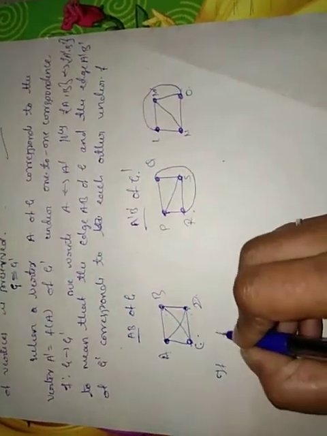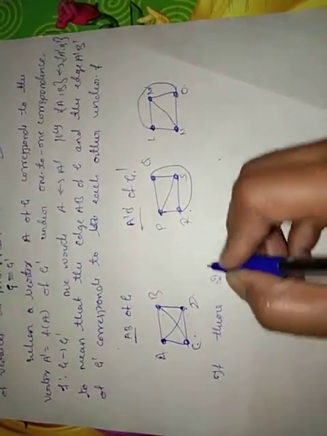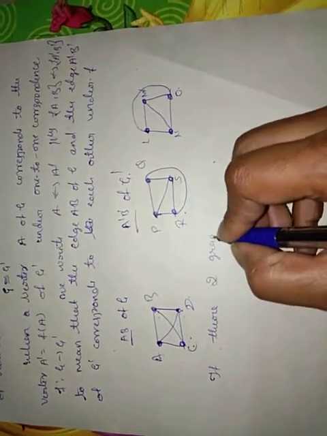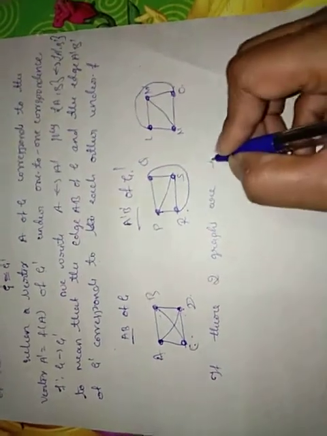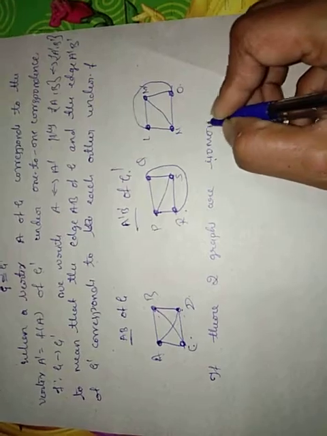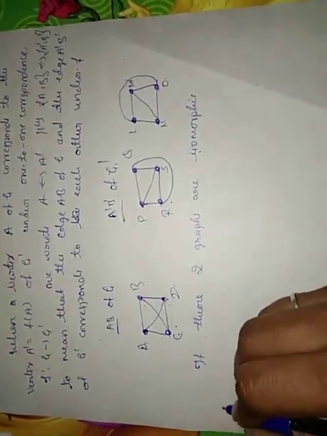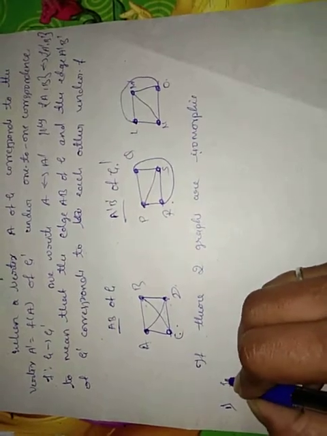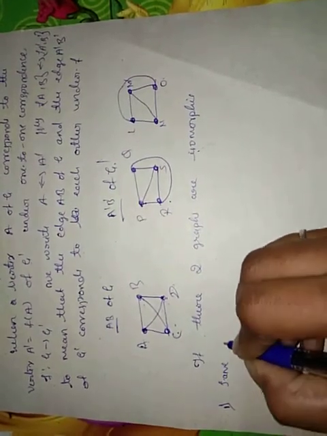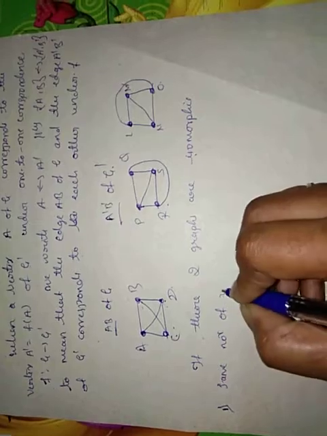If two graphs are isomorphic, then they must have, one, the same number of vertices.